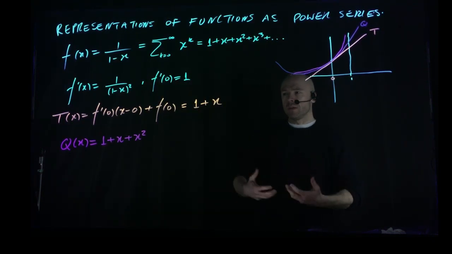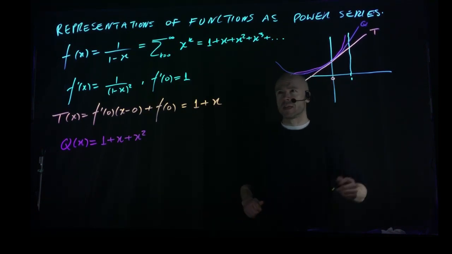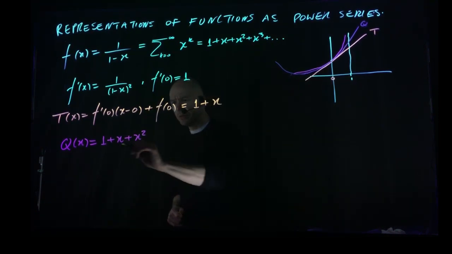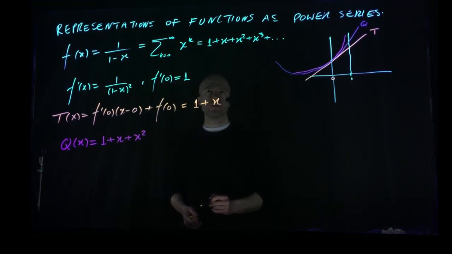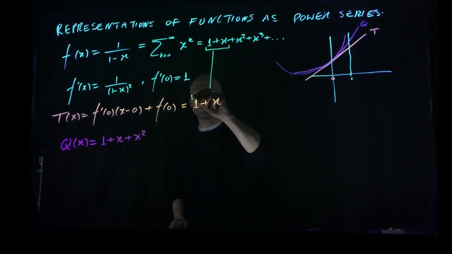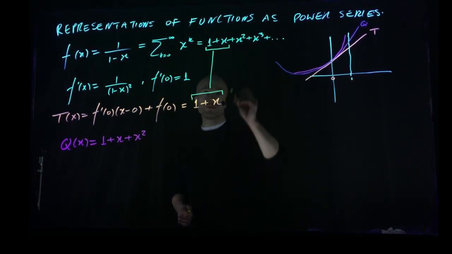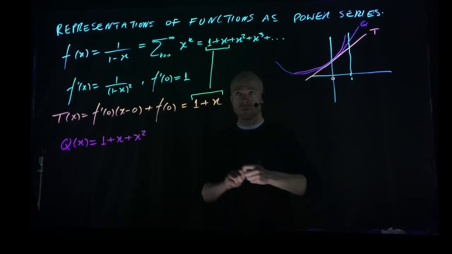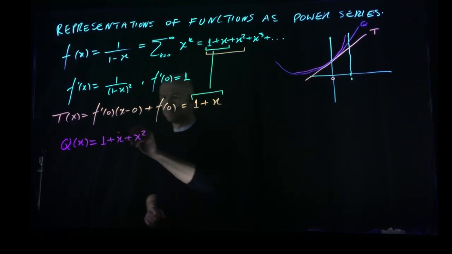What I'm hoping is starting to become apparent is that the terms we're getting when we do this kind of better and better approximation are exactly the terms of this power series. So these first two terms are exactly the tangent line, and the first three terms is this.